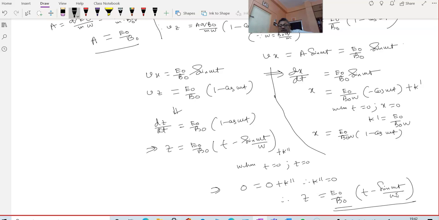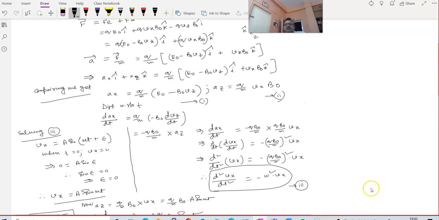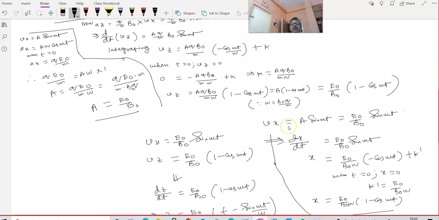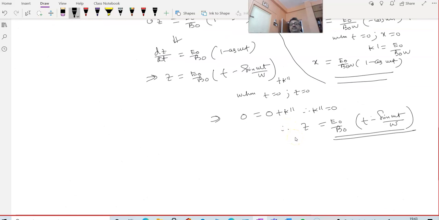So z coordinate we got, x coordinate we got. What about y coordinate? It doesn't move along y-axis at all. Because magnetic field is acting along y-axis. Magnetic field cannot take the particle along its own direction. Only electric field is taking. Magnetic field, what can it do? It can deflect. By deflecting it, it can give some x, z coordinate to it. But y coordinate, never. Okay?